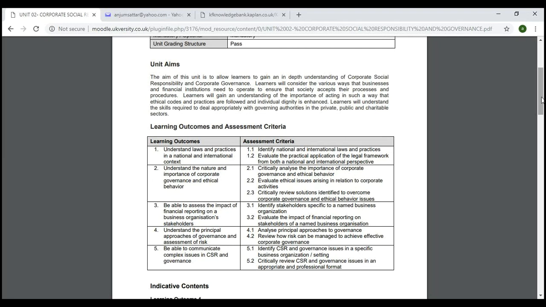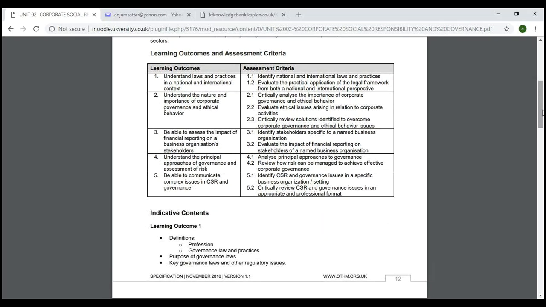So understand laws and practices in national and international context, which we'll go through today, assessment criteria 1.1, 1.2, and then learning outcome 2, which is all about the nature and the importance of corporate governance and ethical behaviors. And the third learning outcome, be able to assess the impact of financial reporting. Why reports are important, why reports need to be true and fair, and on the basis of financial reports, how stakeholders can make decisions, and different stakeholder models we'll discuss as well.